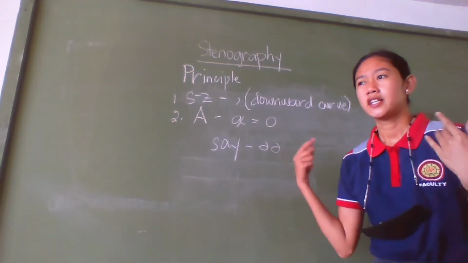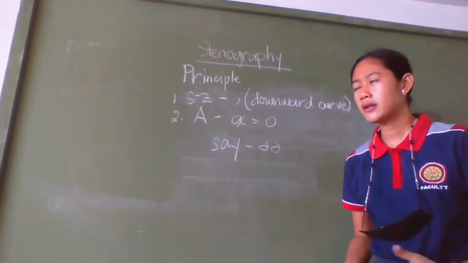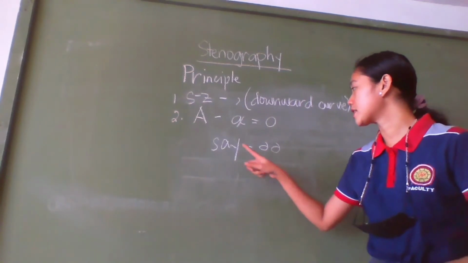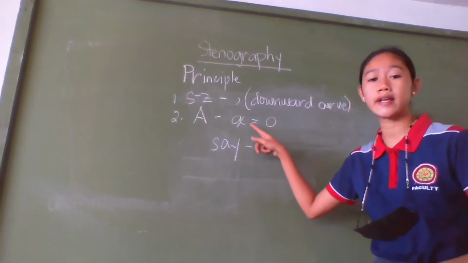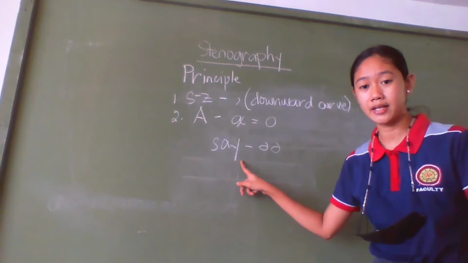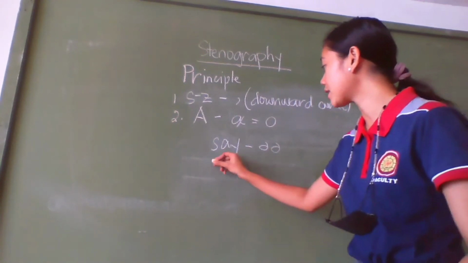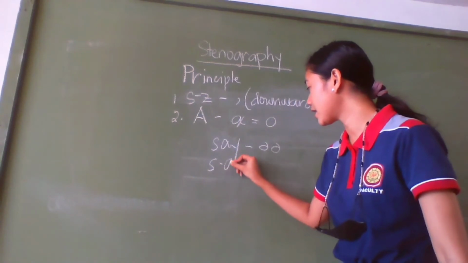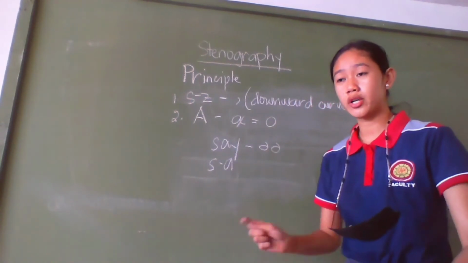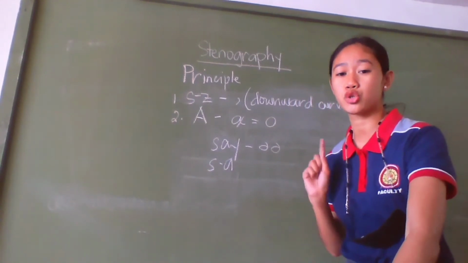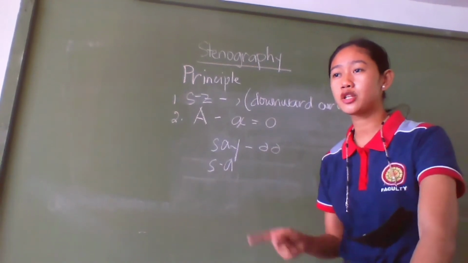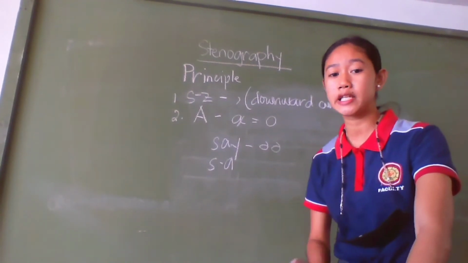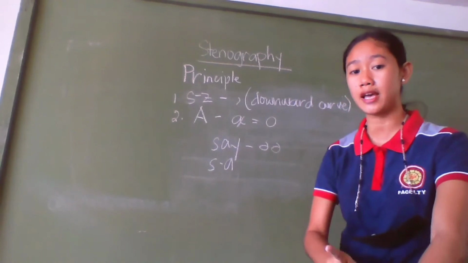Not exactly na kailangan si say is included si letter Y. Kasi ang naririnig lang natin na sound dito is say, S, and letter A. So, ganyan tayo dapat magsulat ng shorthand. Kailangan kung ano yung narinig natin, yun lang yung isusulat natin.